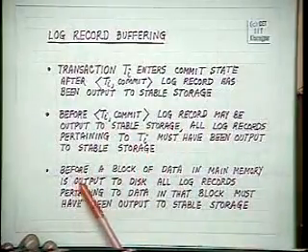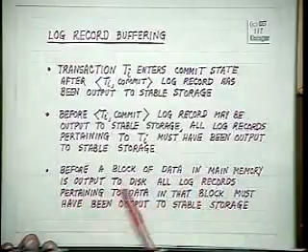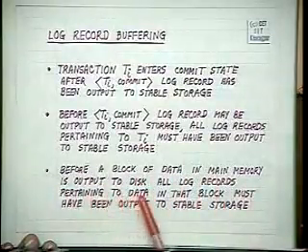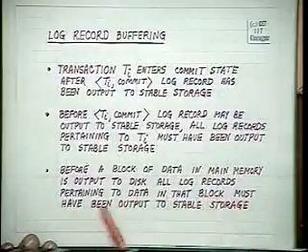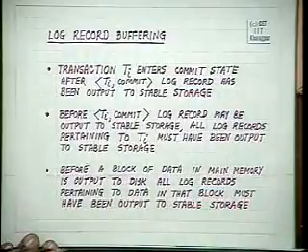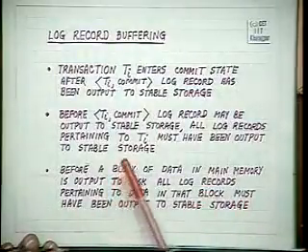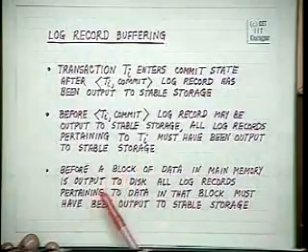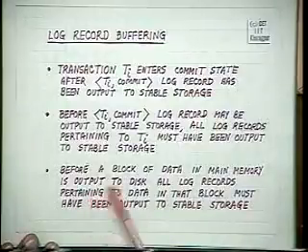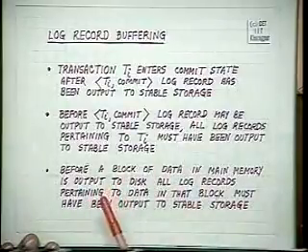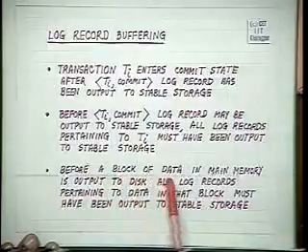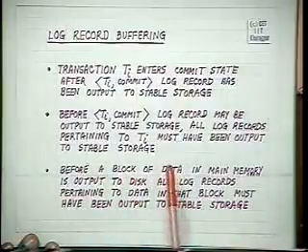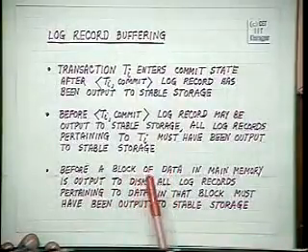And finally, before a block of data in main memory is output to disk, all log records pertaining to data in that block must have been output to stable storage. Suppose you have modified a block of data in a particular record, and you are doing a bit of database buffering as well. That is, you are writing a block of data, corresponding to the database, into the disk.